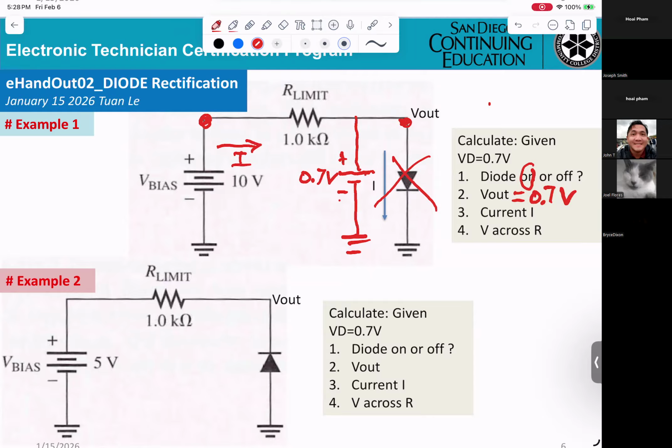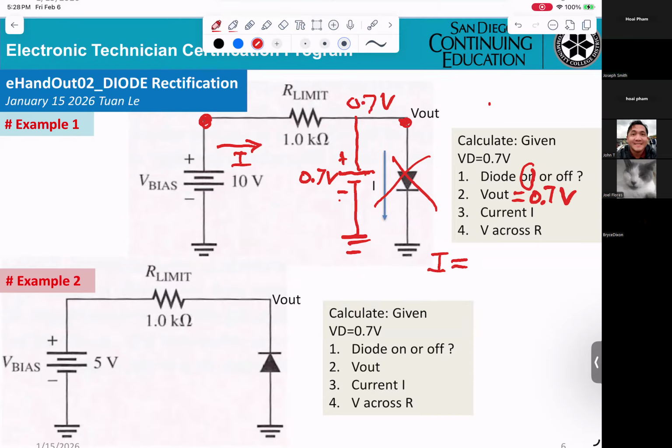How do we calculate the current I? You get the voltage on one side will be 10 volts, the other side 0.7 volt. Ohm's law, right?